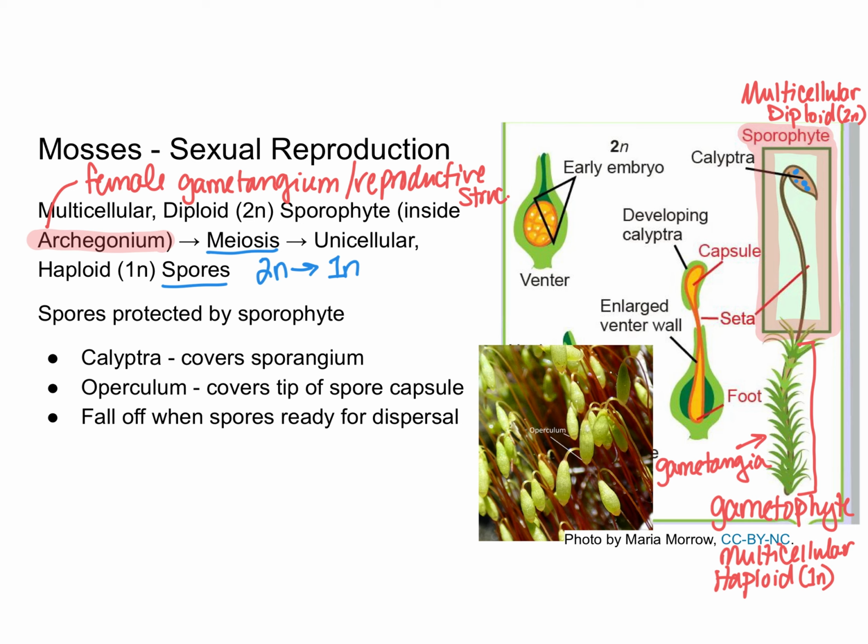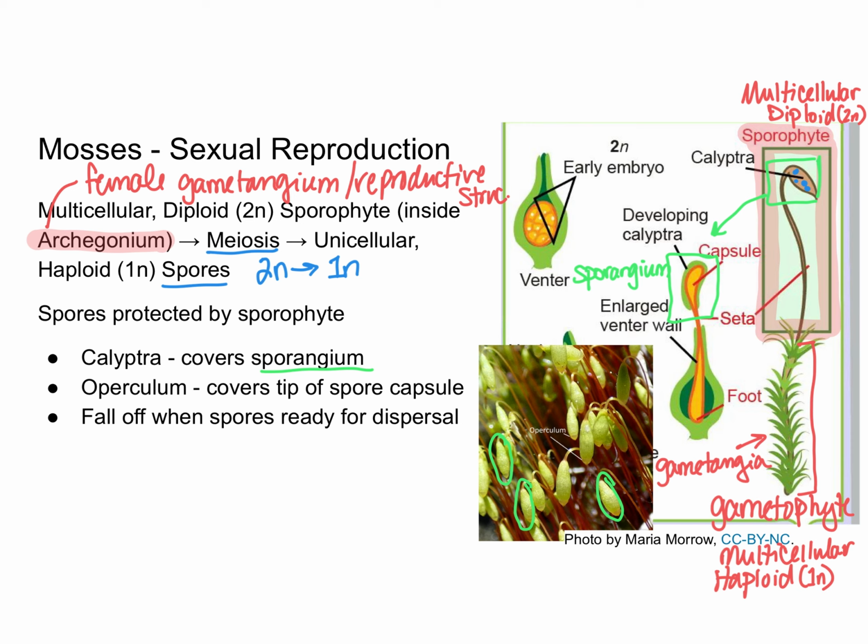If we take a closer look at this top part of the sporophyte, we zoom into it here. This area is part of the sporophyte, but more specifically, this area is known as a sporangium. You can also see that on this picture here. These little teardrop shaped things are the sporangia.